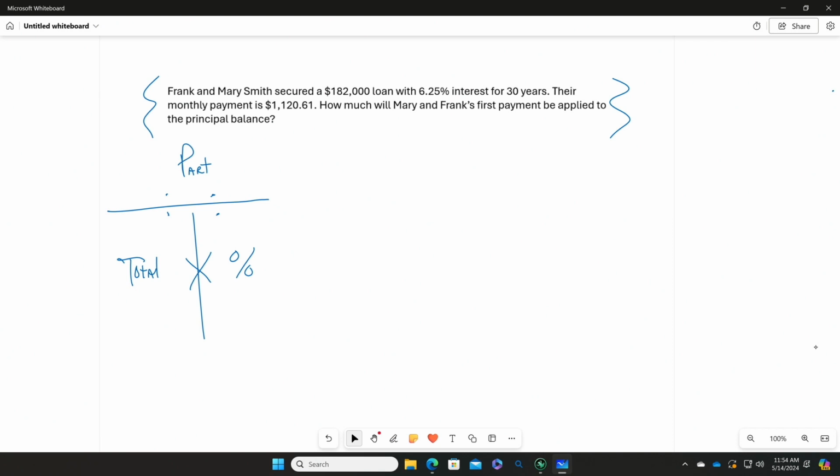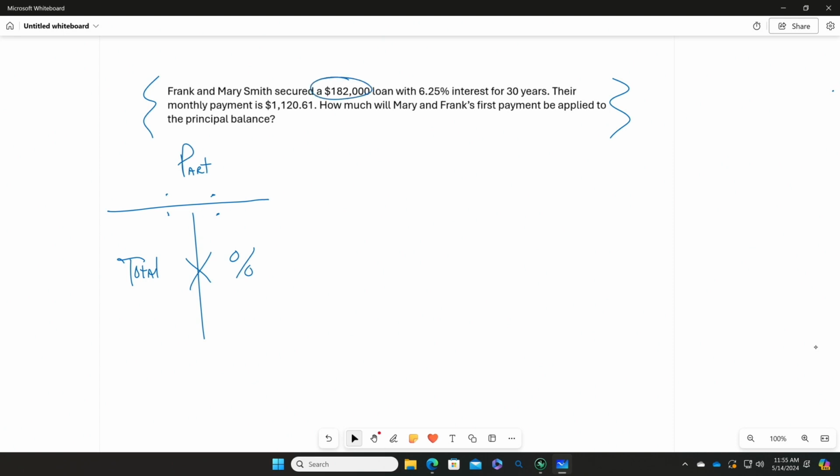Now remember, we're always going to have two items we can plug into this problem, and wherever those two end up falling, then we are going to use the math symbols to solve for the third unknown portion of this T problem. I hope I explained that okay for you.